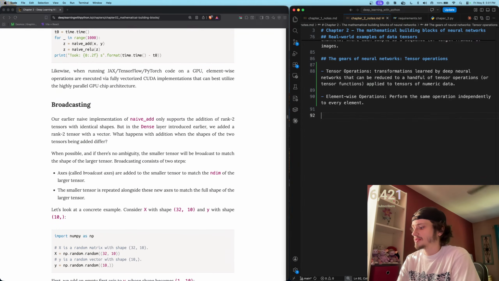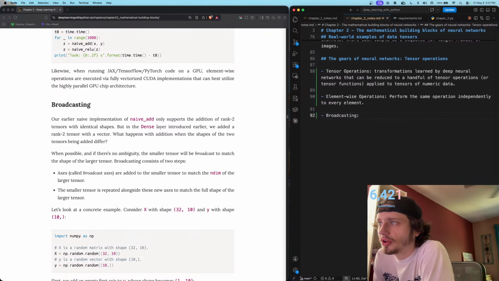Okay, then we have broadcasting. Our earlier naive implementation of naive add only supports the addition of rank 2 tensors with identical shapes. But in the dense layer introduced earlier, we added a rank 2 tensor with a vector. What happens when the shapes of the two tensors being added differ?